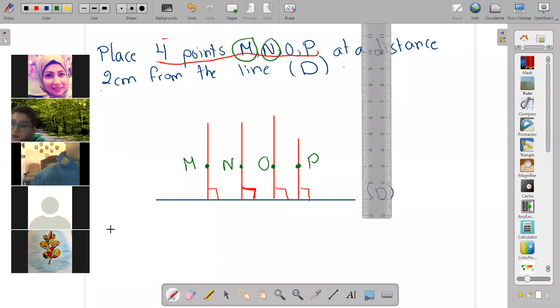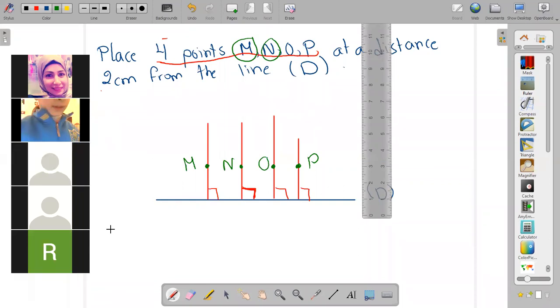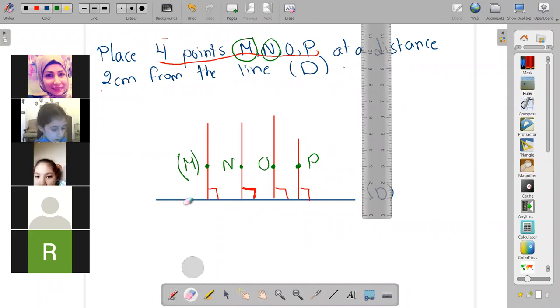Is this question clear? Yes, teacher. The point without brackets; we don't name it with brackets. The point is just a capital letter. Yes, I put a circle on it, not brackets. The line, we name it like this, D between two brackets, because it's a line.